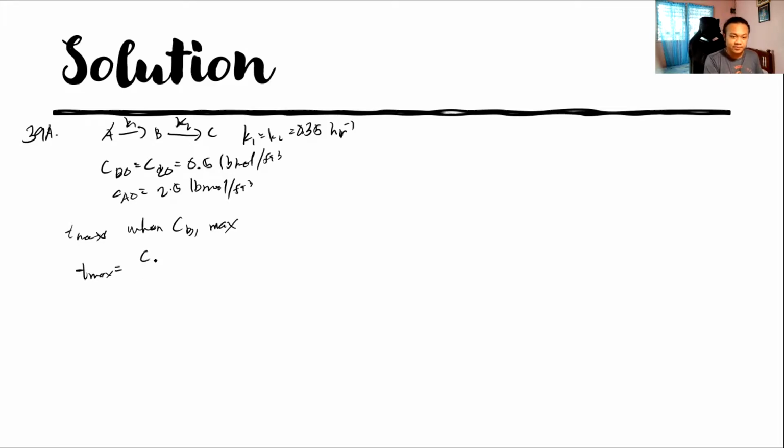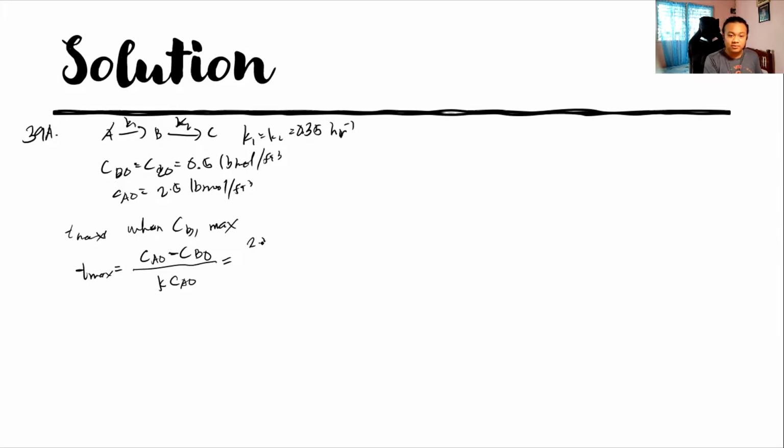So CA0 minus CB0, or CR0, the intermediate of the reaction, divided by k times CA0. Since the k values are equal, it doesn't matter which one you use.